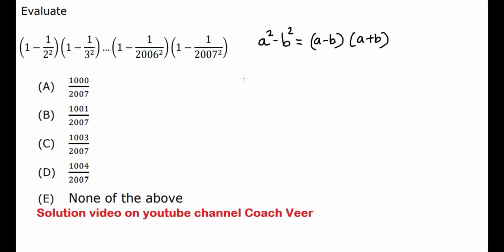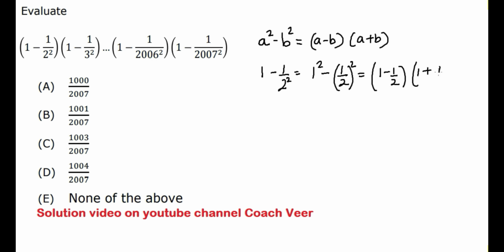How can we apply it here? 1 minus 1 by 2 square can be written as 1 square minus (1 by 2) whole square, where 1 is a and 1 by 2 is b. So if you apply this formula, it is simply (1 minus 1 by 2) times (1 plus 1 by 2). I have just applied this formula over here.